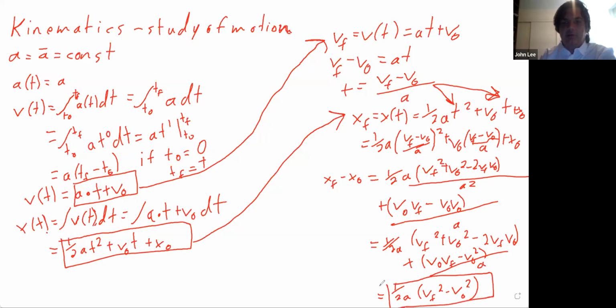So you are able to solve for x final minus x naught based on the final and initial velocities as well as the acceleration with no need to plug in time. So this is going to be our third kinematics equation.